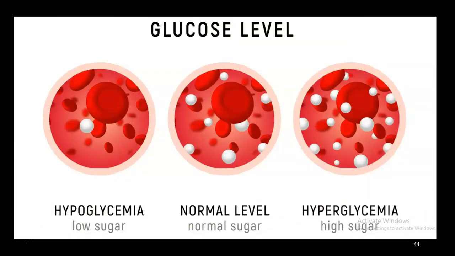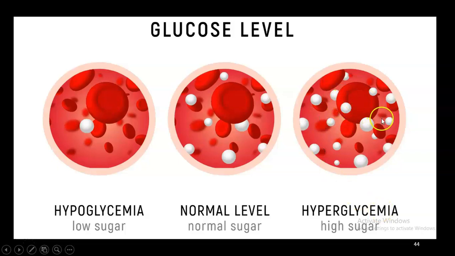So glucose level. This picture is talking about hypoglycemia, that is low blood sugar. So you can see this is the blood and this is the sugar. Only one sugar here. But at normal level, from this picture, you should be having more than, let's say, one sugar in it. Then we are going to talk about another one, which is hyperglycemia, when you have high blood sugar.